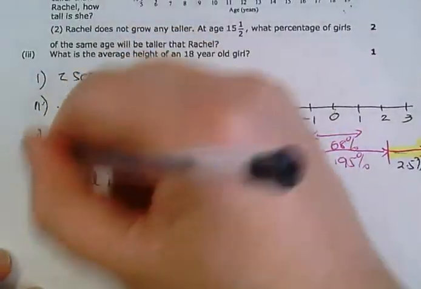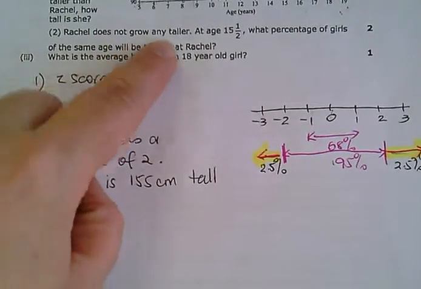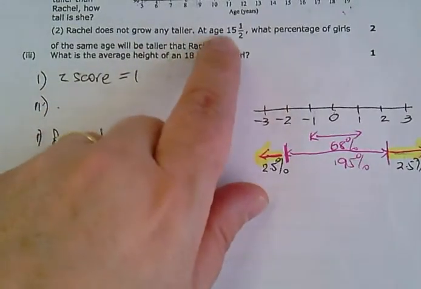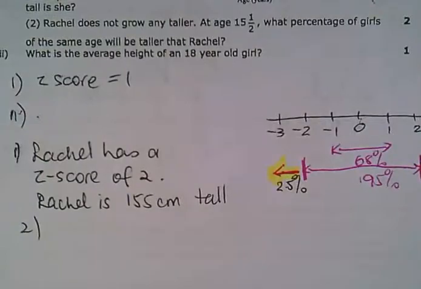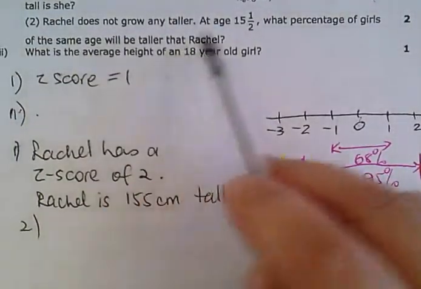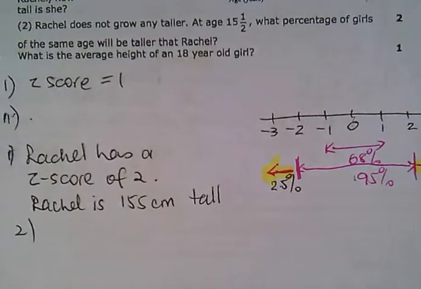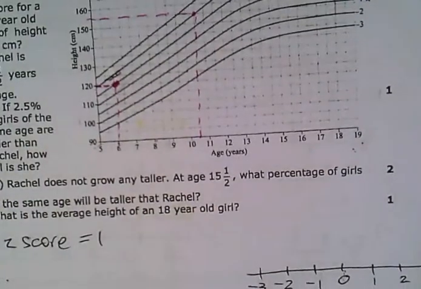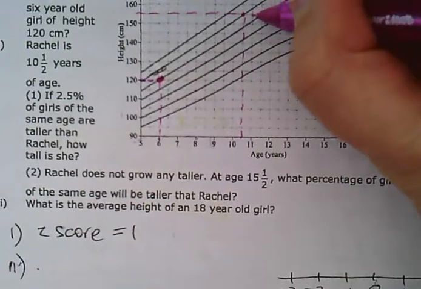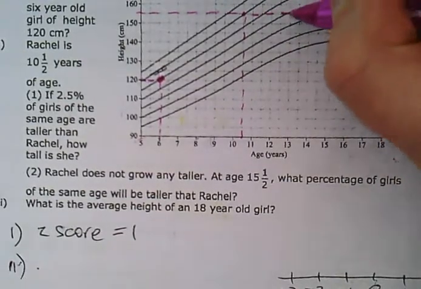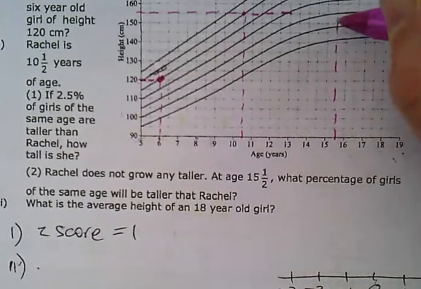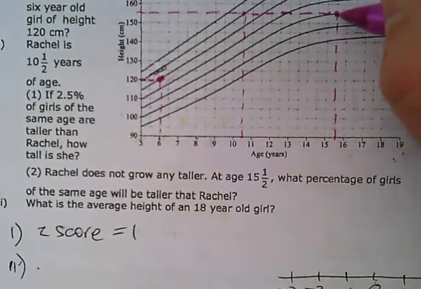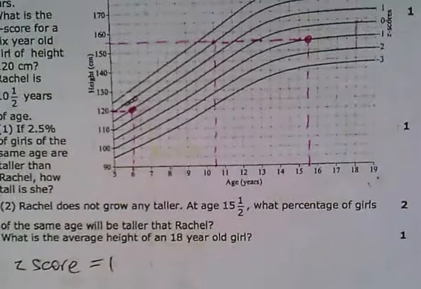Question part 2 says, Rachel does not grow any taller. At 15.5, what percentage of girls of the same age will be taller than Rachel? Well, it's saying that Rachel does not get any taller. So, if Rachel does not get any taller, I have to keep her at 155 up to the age of 15.5. So, Rachel does not get any taller.